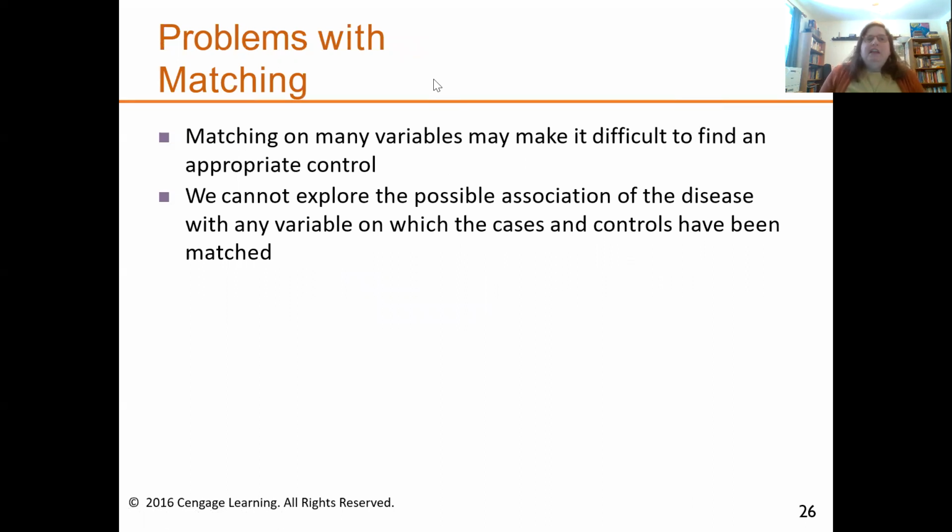Now, matching on many variables may make it difficult to find an appropriate control. This makes sense, right? Especially individual matching. Also, this is kind of an interesting piece. We cannot explore the possible association of the disease with any variable on which the cases and controls have been matched, right? We already took care of that. We already made it set.